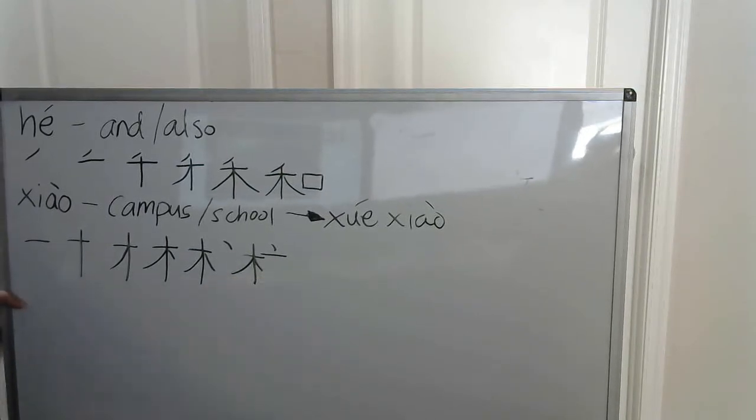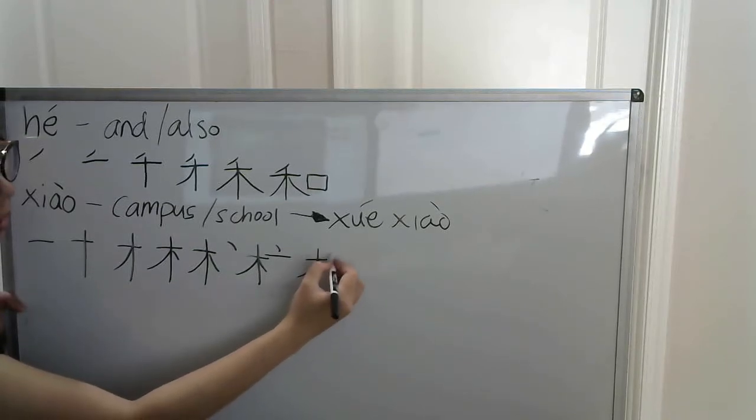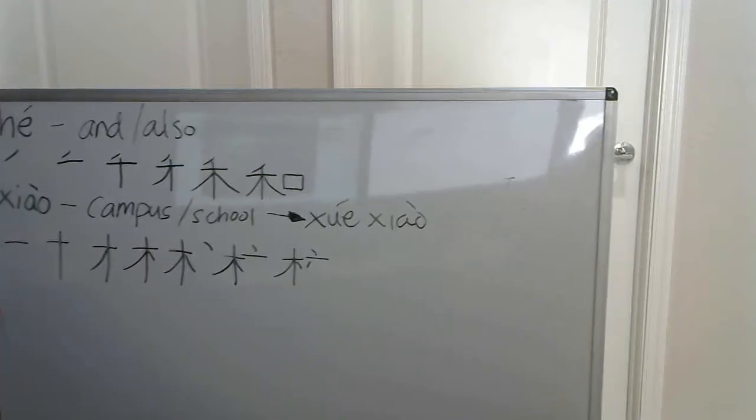Make that a little shorter. 横竖撇点, a 点, a 横, and then a 点 on the left.